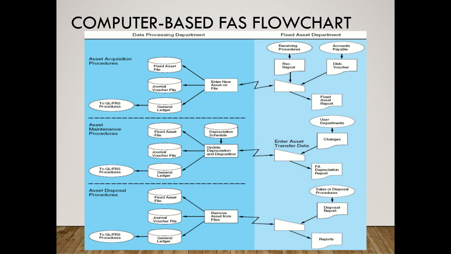Okay, so this is the computer-based fixed asset system flow chart. Okay, ito ay somehow already automated and somehow re-engineered na process ito. Although, let's see kung ano yung mangyari mamaya sa discussion.